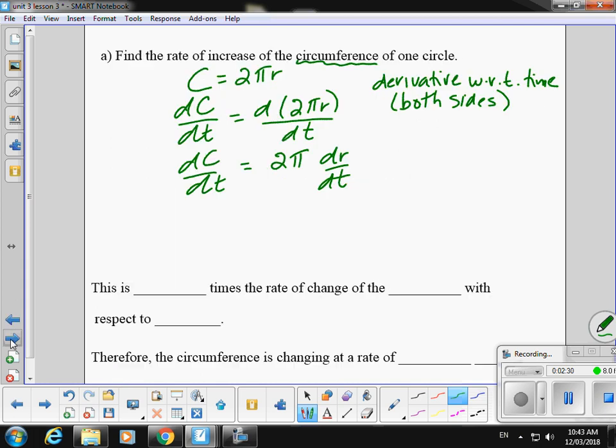So we know dr/dt. dr/dt is growth, so it's positive, and it's 3. So dC/dt is 2 pi times 3. So it's growing at a rate of 6 pi centimeters per second.